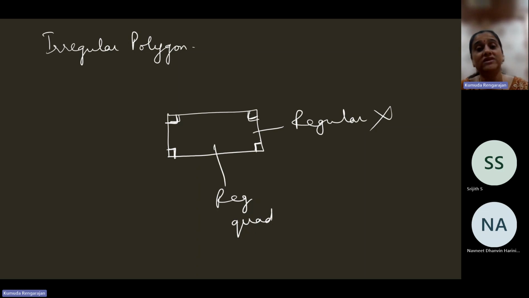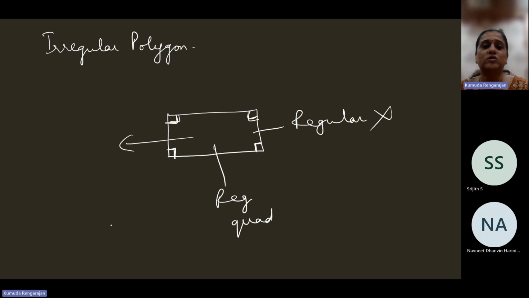Are all the sides equal? No, only opposite sides are equal. All sides are not equal. So a rectangle is not a regular quadrilateral or a regular polygon. A rectangle is an irregular polygon, because both conditions must be satisfied.